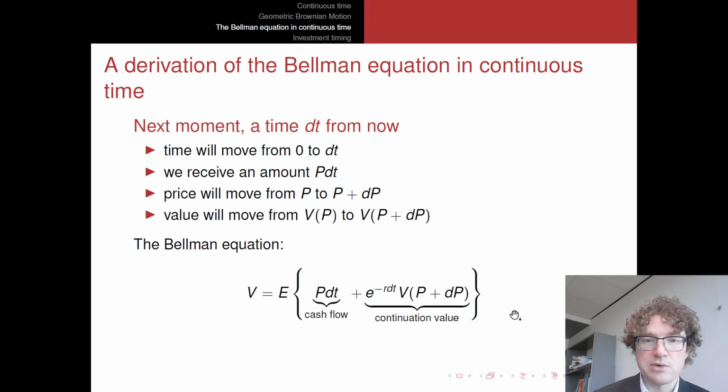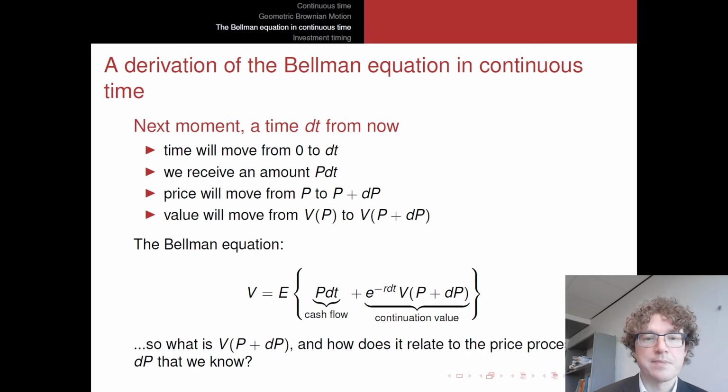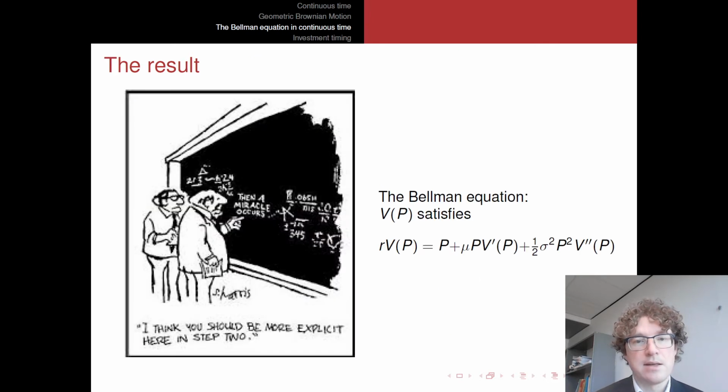So that's what we need to think about. What we need to plug in here is what this V evaluated at P plus dP is, and how it relates to V evaluated at P itself. And how does it depend on this dP that we know, the change in prices described by geometric Brownian motion? Now there are some computational steps that go into here.